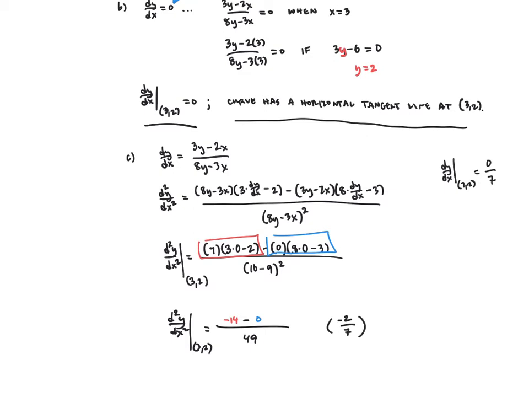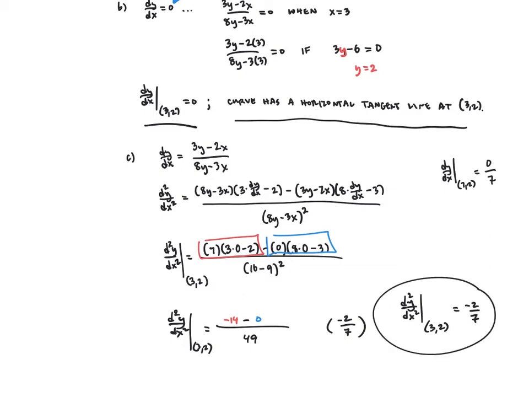That's what that value would end up equaling. And I'm not going to go into the details of that, but that's what the second derivative with respect to x at the ordered pair 3, 2 would end up equaling.